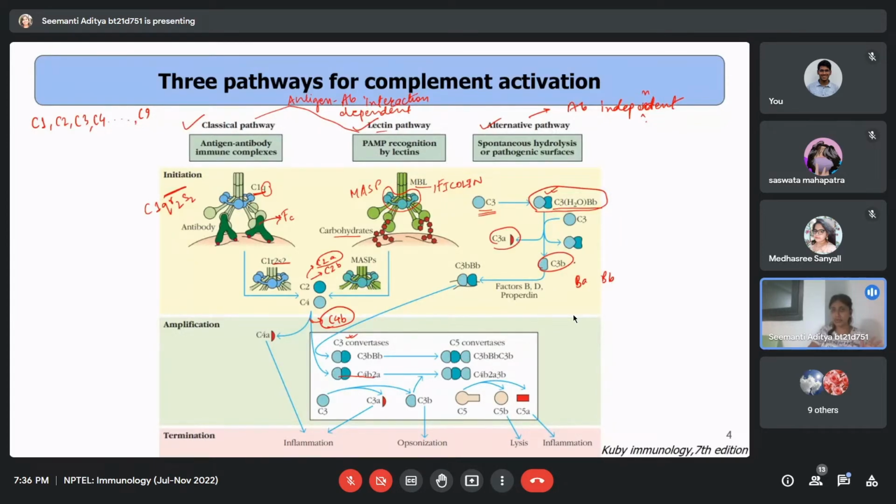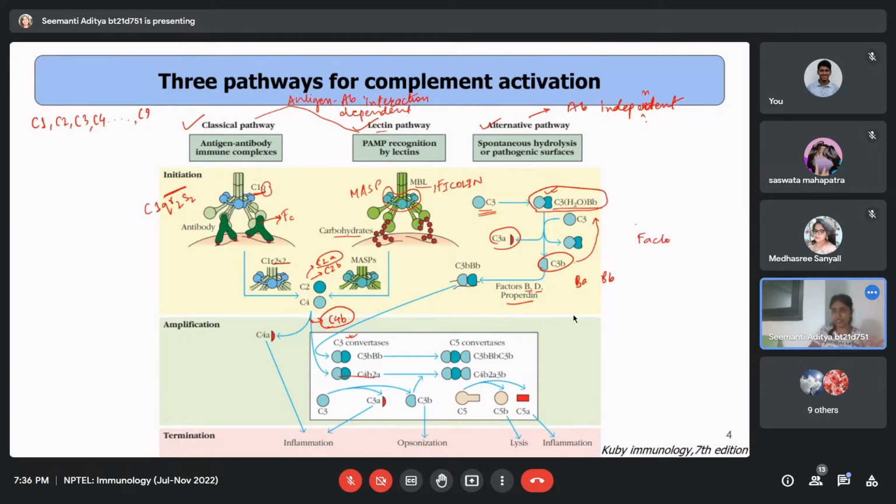So C3b will go and bind with this C3 fragment, and form C3bBb. This is happening after interaction with factor B, D and properdin. These proteins are necessary for keeping all this complex together.